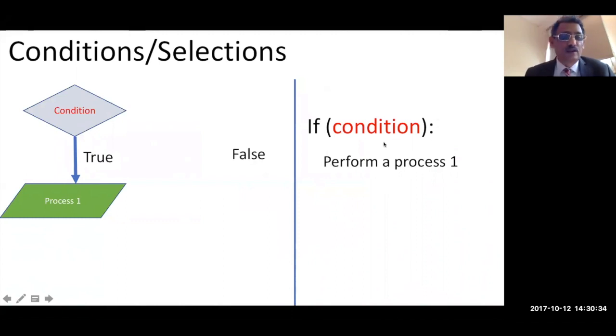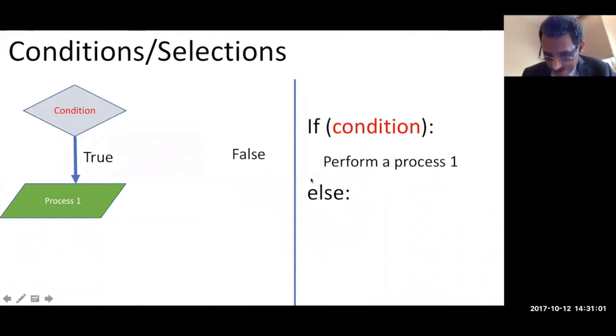Now, if the condition is not met, it's false, then you use something called else. And else is important to start on the same line level as the if. It should not be indented inside. If it goes inside, it's not part of the if, it's part of this new process.